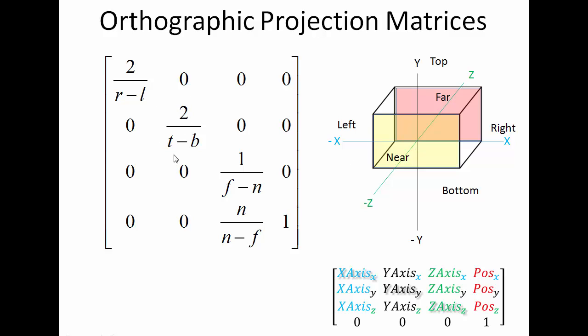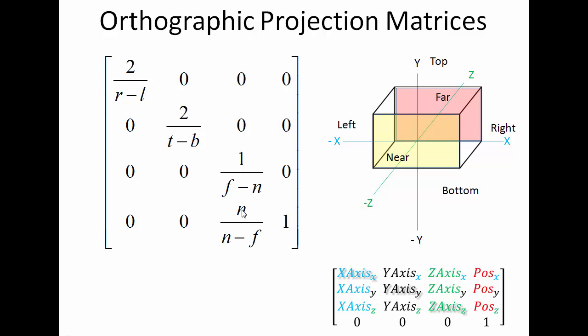And this is a brief look at the math inside of an orthographic projection matrix. It's basically taking this 3D world, only the part that's in our box here, and flattening it out to be 2D so that it can be drawn on a 2D computer screen. And this largely shows the math for that.